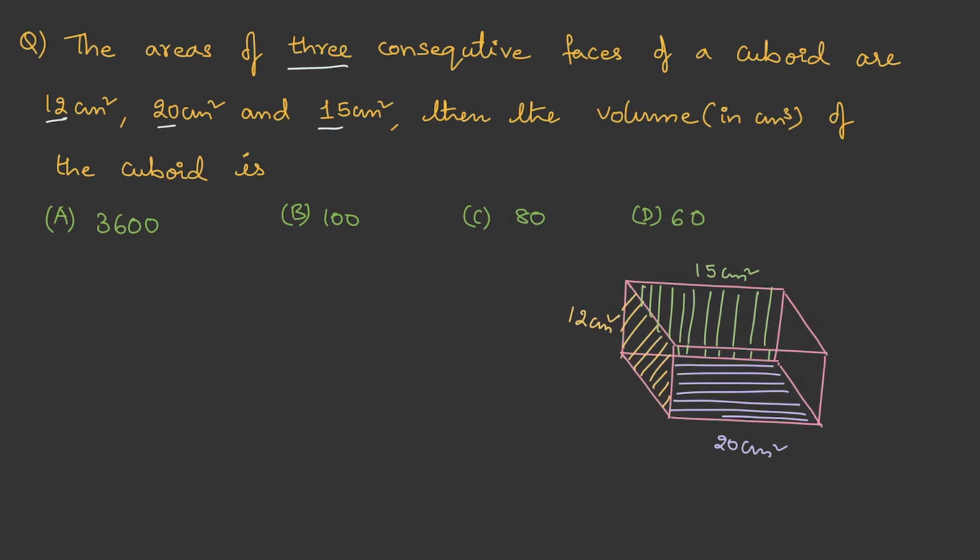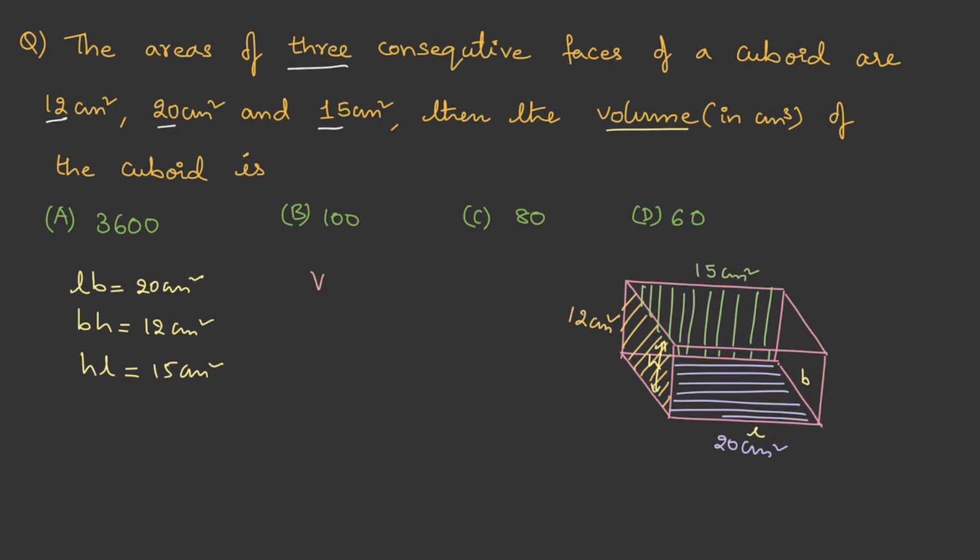If I label the edges, let's take this to be L, this is B, and this one as H. So from this I can write LB is 20 cm square, BH is 12 cm square, and HL is 15 cm square.